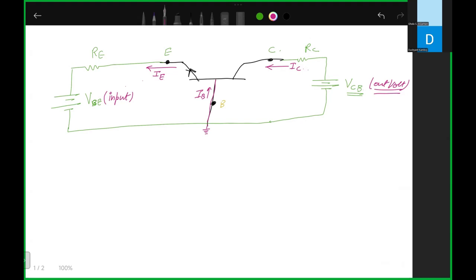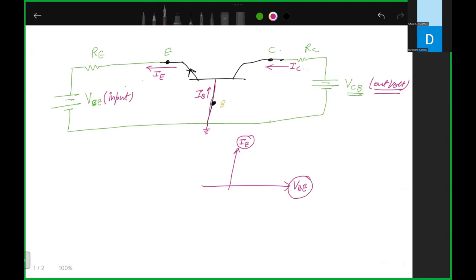So inside the common base, if I want to draw the input characteristics, we have to take the input voltage on the x-axis. Input voltage is VBE and input current is IE. So this is the input characteristic.